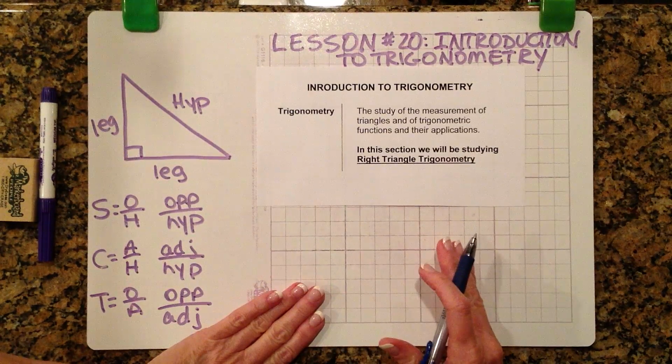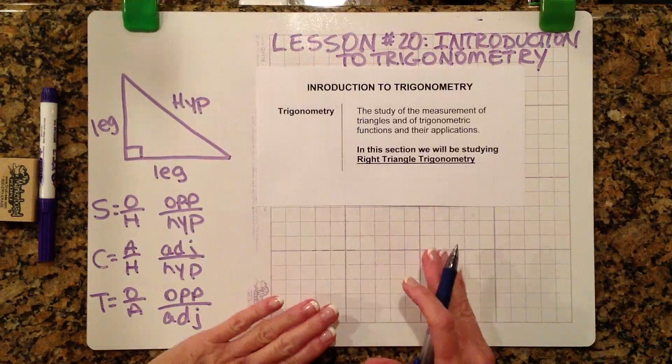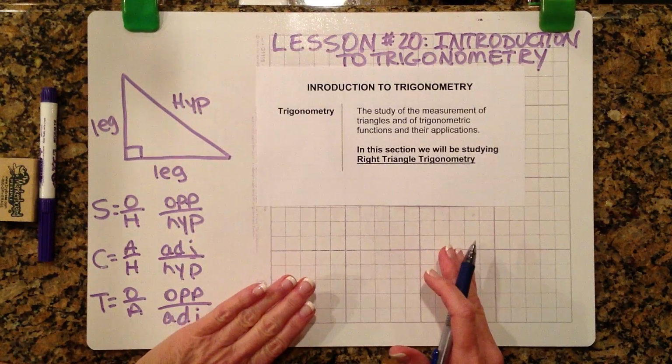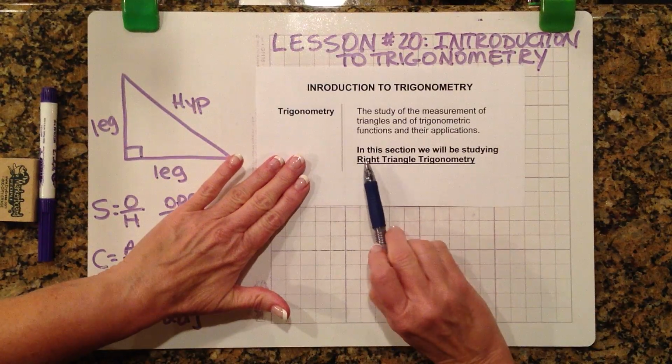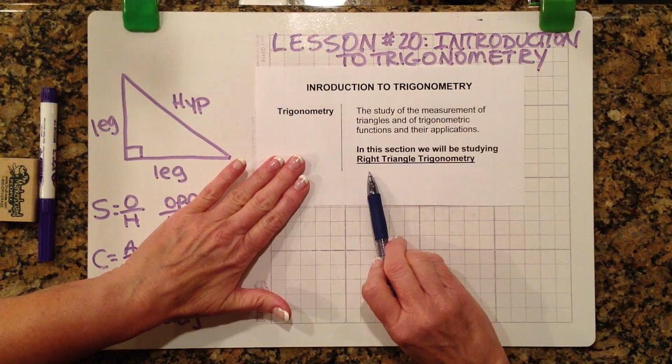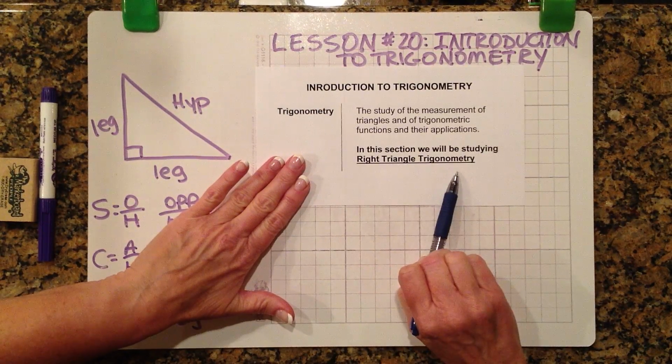Then when you go on and take a pre-calculus class, you will study trigonometry again, more in depth though. So in this section that we will be studying in geometry, we're only looking at right triangle trigonometry.